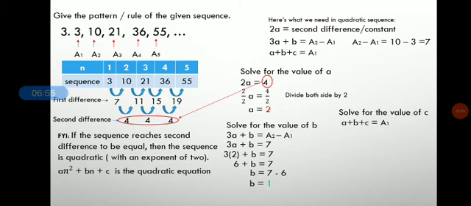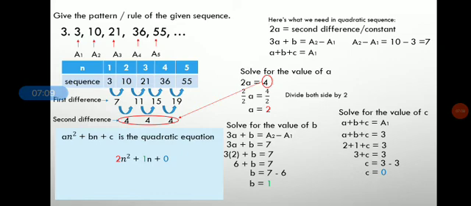Solve for c, we have to use a plus b plus c, which is equal to first term. At yun ay 3. And then, 2 plus 1 plus c is equals to 3. And 3 minus 3 is 0. At papalit natin yan sa quadratic equation na an squared plus bn plus c. Kung saan, si a na to, ayun yung papalit natin doon.